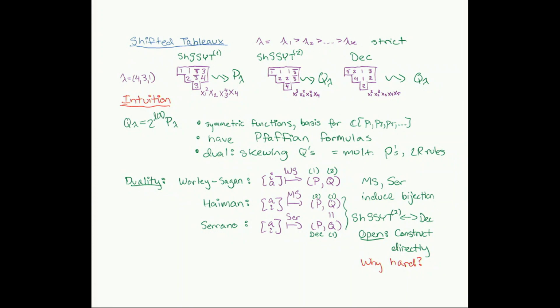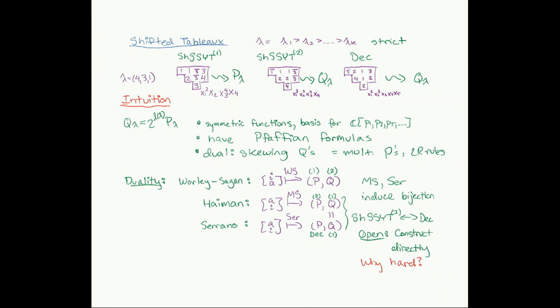Their values are interleaved. And they behave slightly differently. So you are row strict in the barred numbers, column strict in the unbarred numbers, and always increasing in each direction.